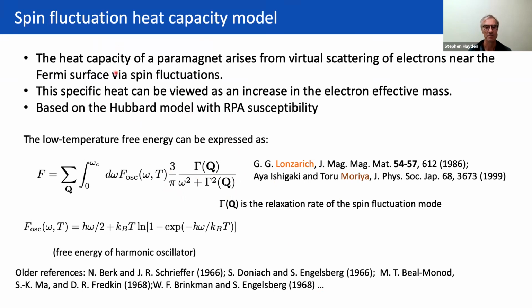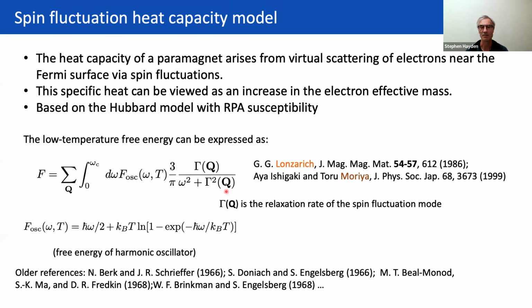This is an expression for the free energy when you have specific heat arising from the virtual scattering of electrons off the Fermi surface via spin fluctuations, as proposed in these old papers, but Gil Lonzarich wrote it down in explicit form in this paper, and it's also in a paper from Maria and collaborators here. So this is the free energy.